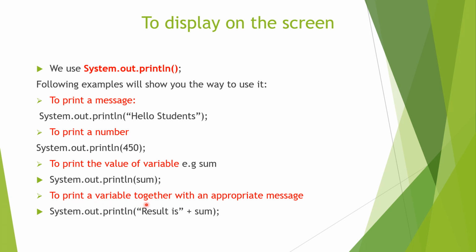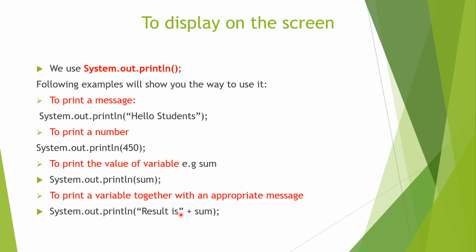To print a variable together with an appropriate message, this is the example. First you write the message, for example, "result is" within double quotes, and then a plus sign. The plus sign concatenates the string. Concatenate means combine.